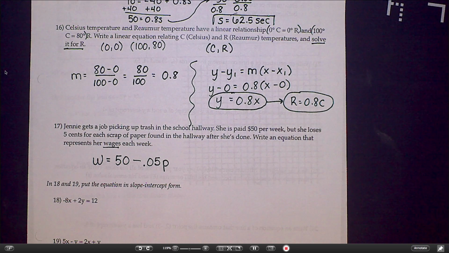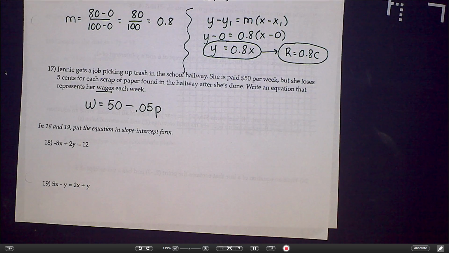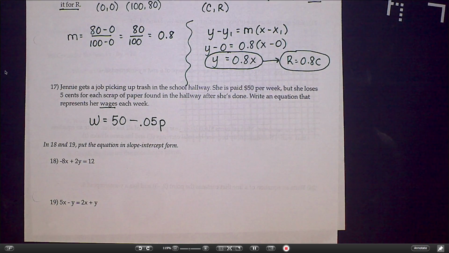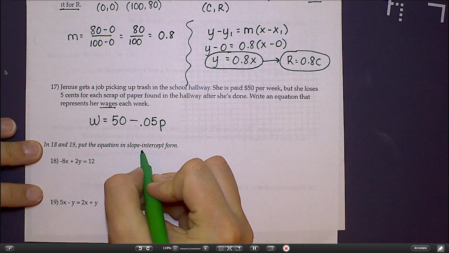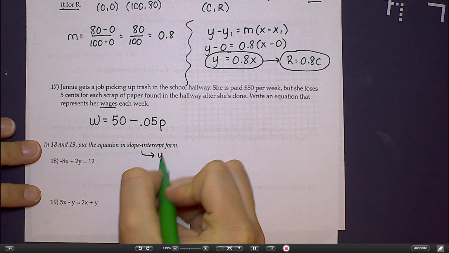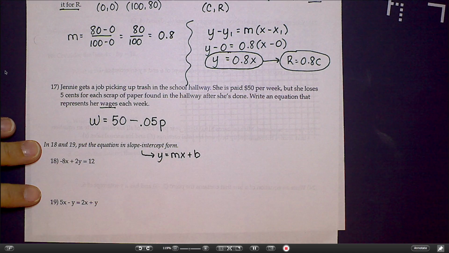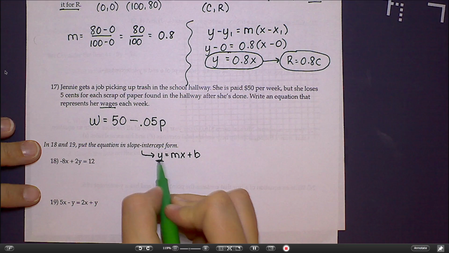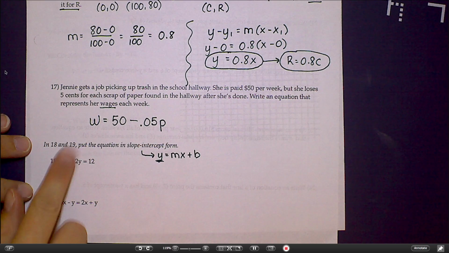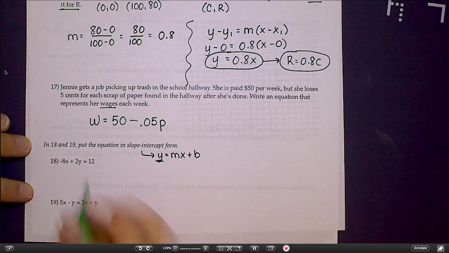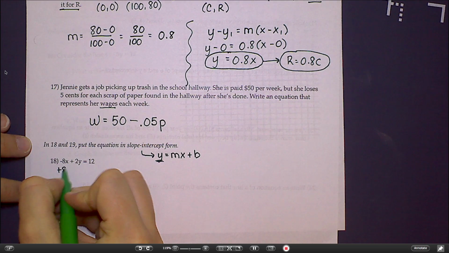Okay, 18 and 19. Be careful with these. It says to put them in slope-intercept form. So some of you might go crazy trying to find the slope and find the intercept and all that, and that would work. But remember that slope-intercept form just looks like this. And the important thing to notice about it is that the y value is by itself. So really all I have to do with these equations is get y by itself. I can do that by adding 8x to each side.